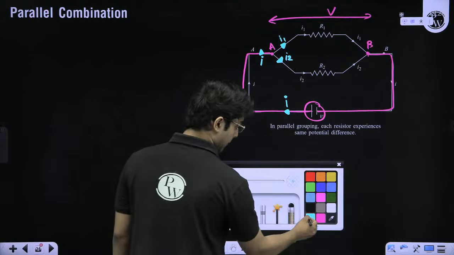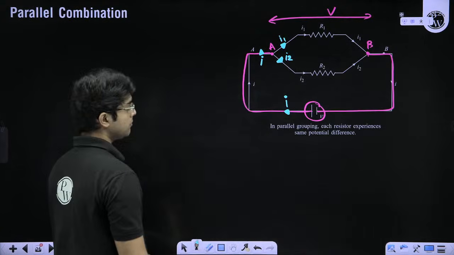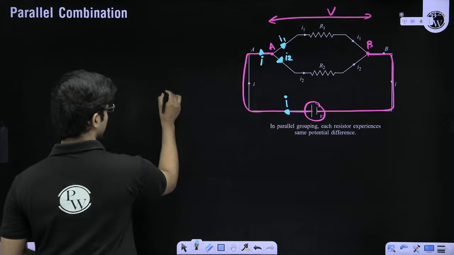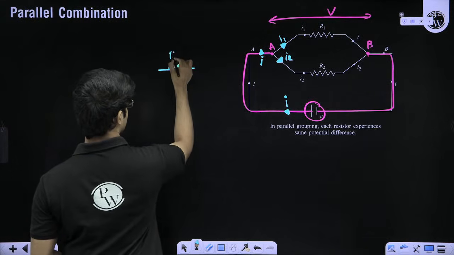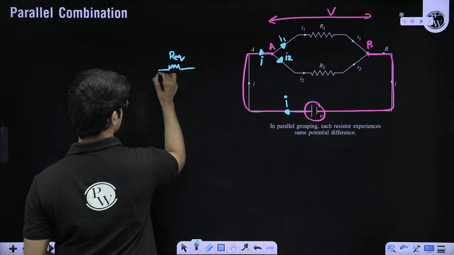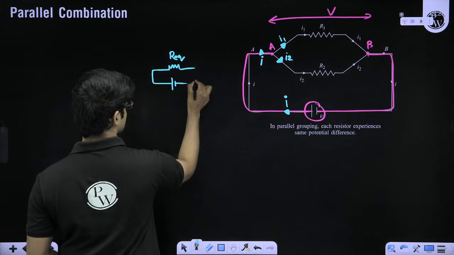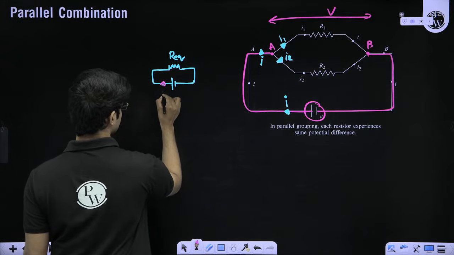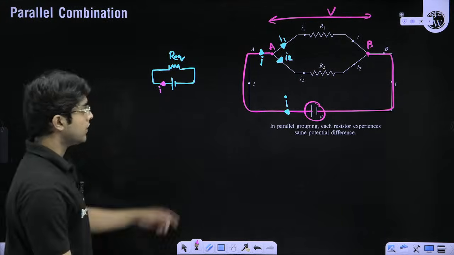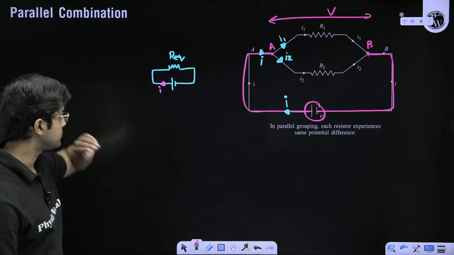So once again, we want to replace it with one single R equivalent, and we want the current to be the same in both cases. That is what we mean by the equivalent resistance.